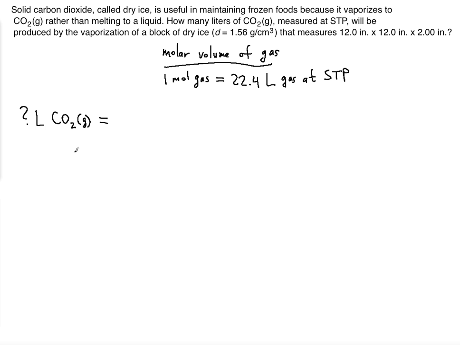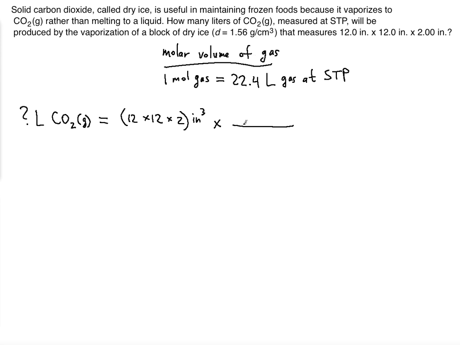So the first thing that we're going to do, we're going to use the given volume, and then after that we're going to use the density. So 12 times 12 times 2 cubic inches, because inches are also cubed, not just the numbers. Now we need to convert the cubic inches to cubic centimeters because we need that for the density conversion.